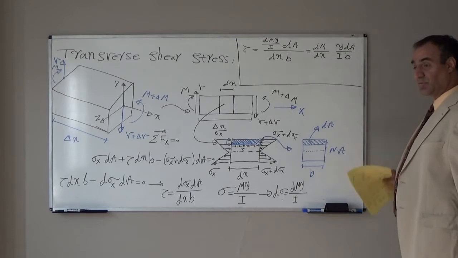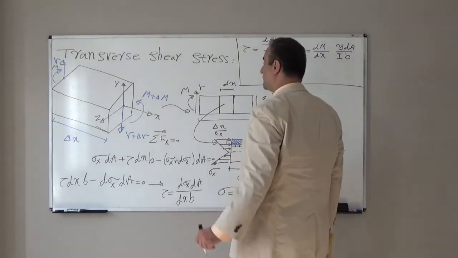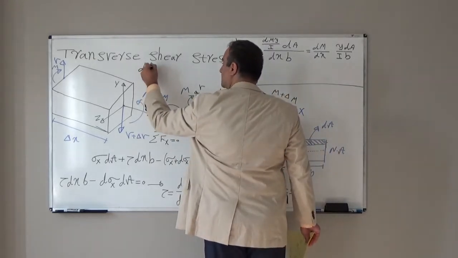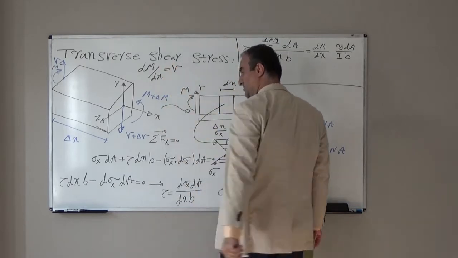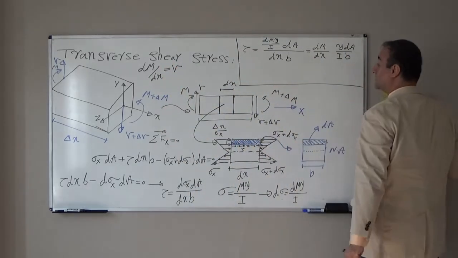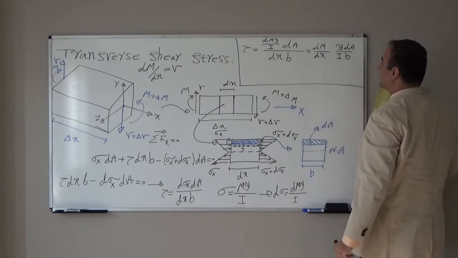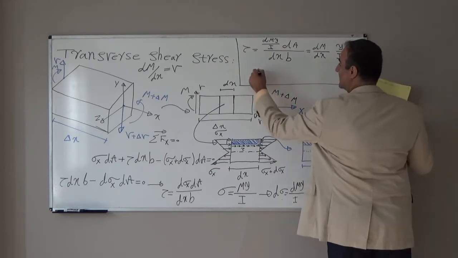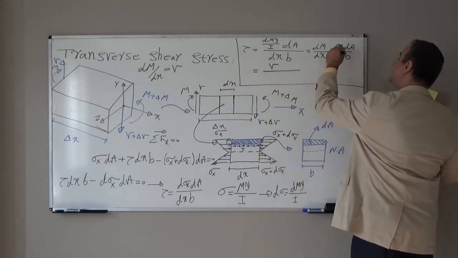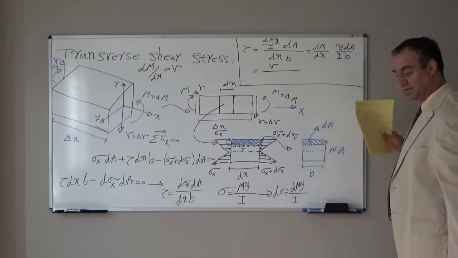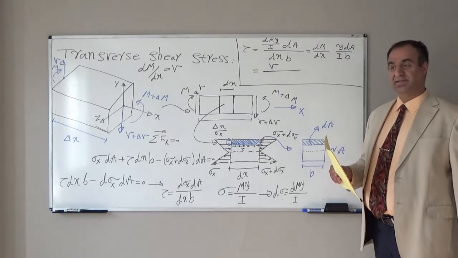The derivative of moment with respect to x, we know from statics, is equal to shear force. So instead of dM over dx, I can put V, shear force, times y dA. Y times dA, area times distance, will be the moment of area.